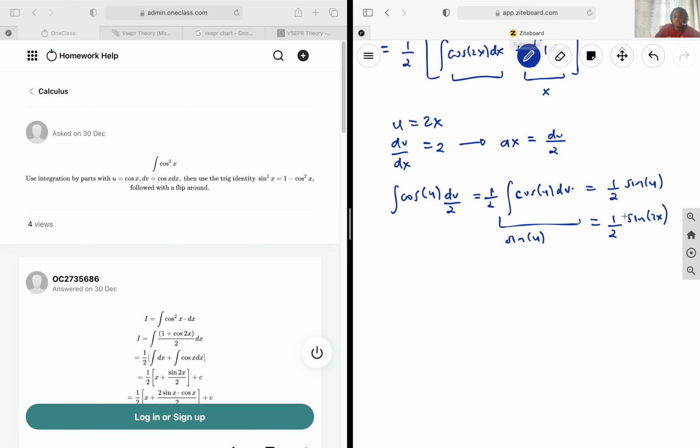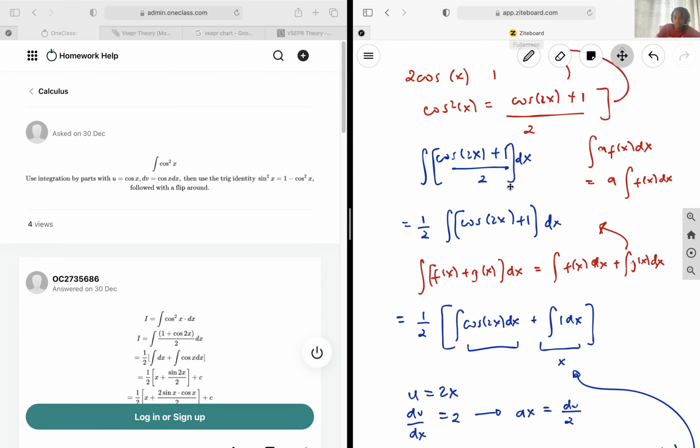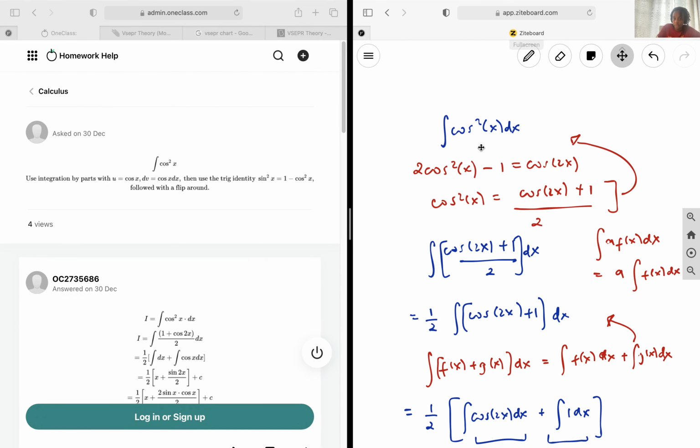And so now we put this all back into here, and we will get 1 over 2 multiplied by 1 over 2 sine 2x plus x. And this will give us a final answer of x over 2 plus sine 2x over 4. And then don't forget about the fact that it was a boundless integral to begin with.